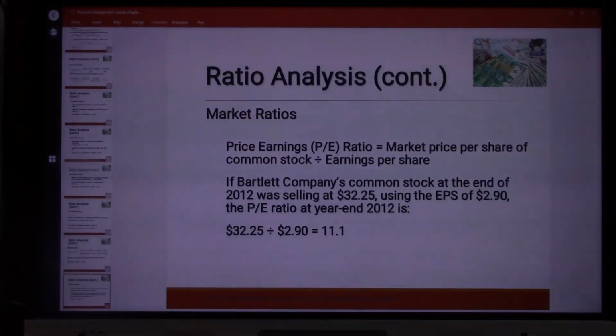Another important ratio in the market ratios is the relation between price and earnings. It's called the price earnings ratio or P/E ratio. The P/E ratio is equal to market price per share of common stock divided by earnings per share.